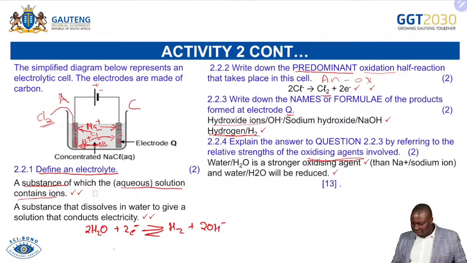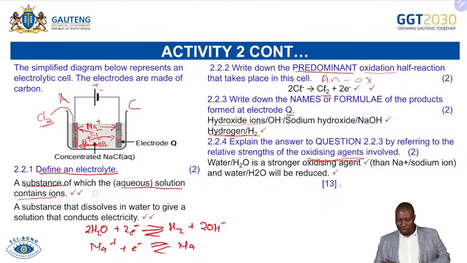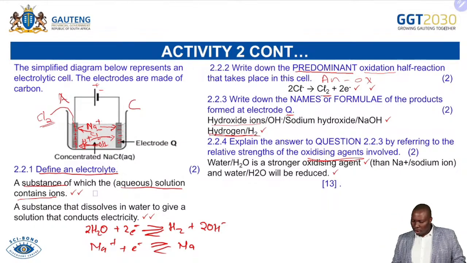And then we have as well sodium plus an electron, forming sodium. That is on table 4A. In 4A, you will see that the arrow is pointing that side to say the strongest oxidizing agent is water. So we are saying water is a stronger oxidizing agent than sodium plus.